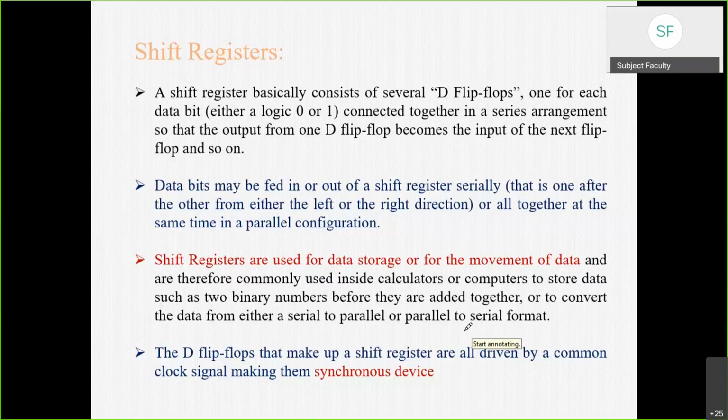Also, you might have seen that in a microprocessor, generally we do different types of arithmetic operations such as addition, subtraction, right? So whenever you want to add two numbers, let's say you want to add two 4-bit numbers. For example, one 4-bit number is 1111 and the other 4-bit number is 0101.